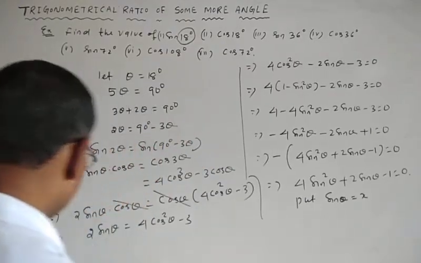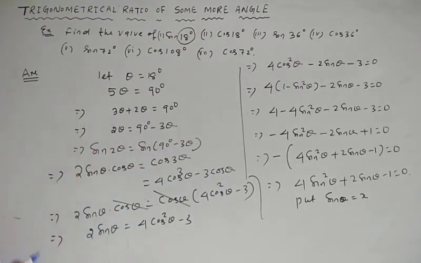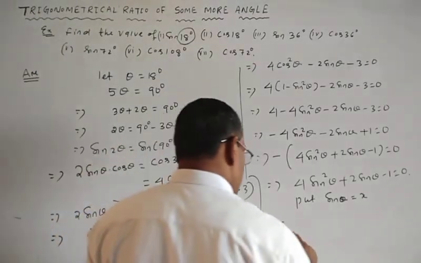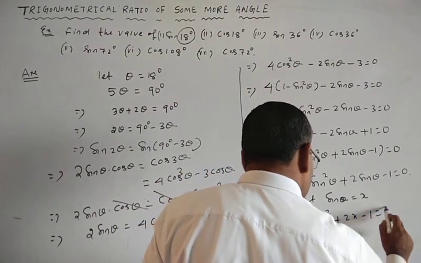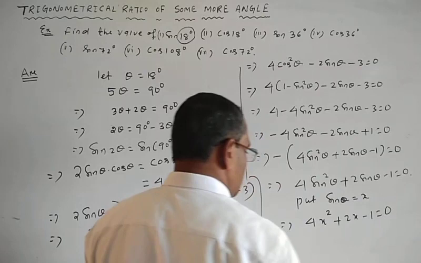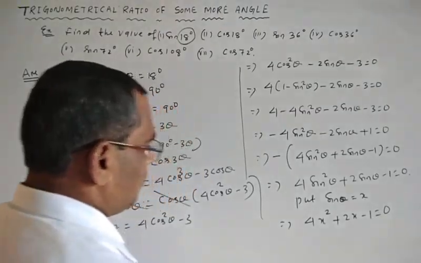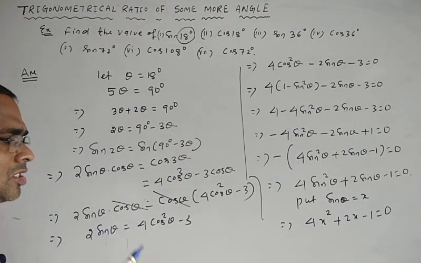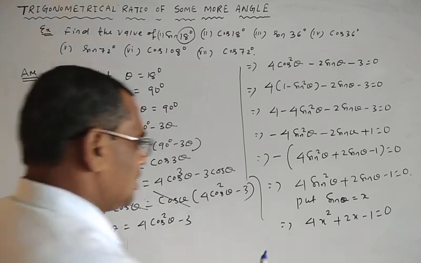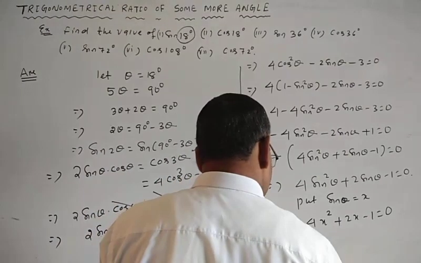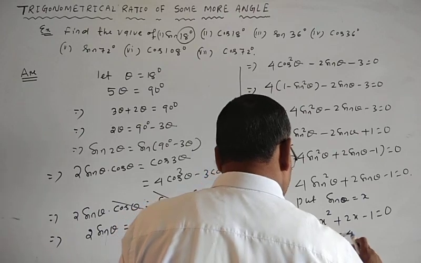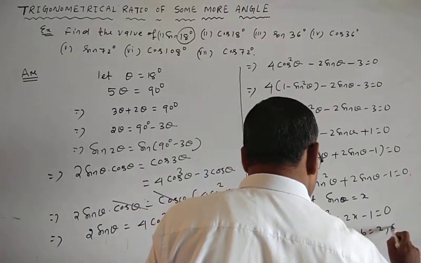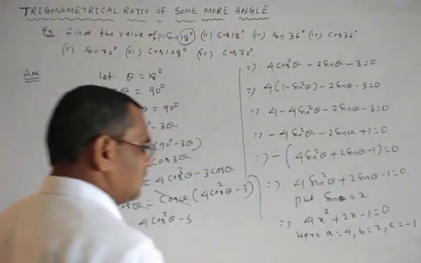Here sin theta is equal to x means 4x square plus 2x minus 1 is equal to 0, which is of the form ax square plus bx plus c. Here a is equal to 4, b is equal to 2, c is equal to minus 1.